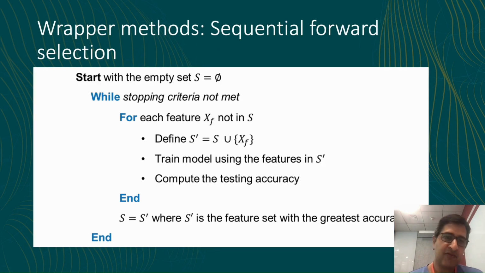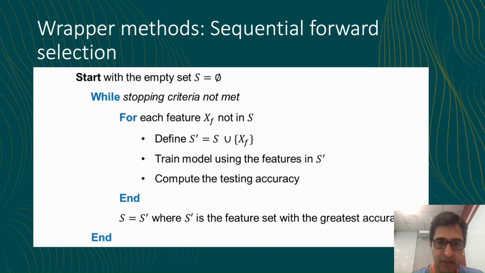As far as the sequential forward selection method is concerned, what you do is pick up one feature at a time, the one feature that at any given stage helps you improve the model performance by the maximum.